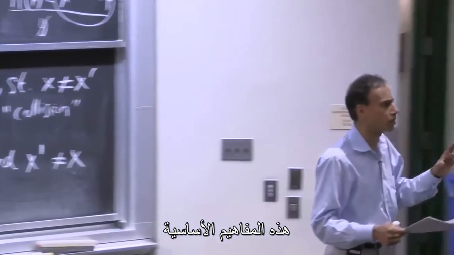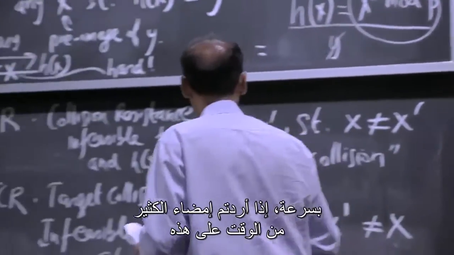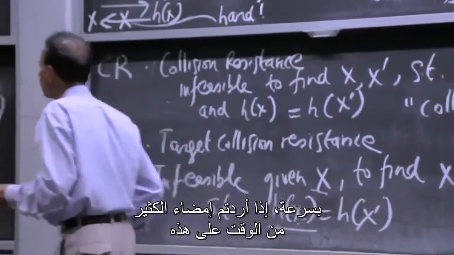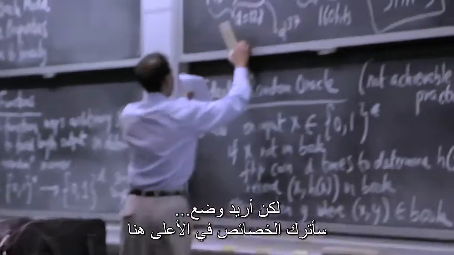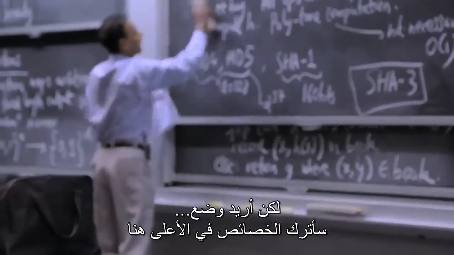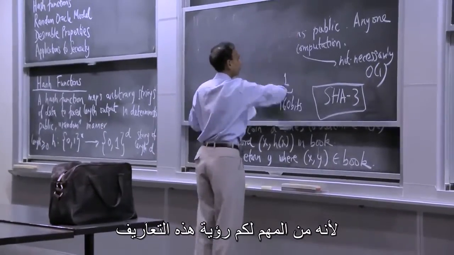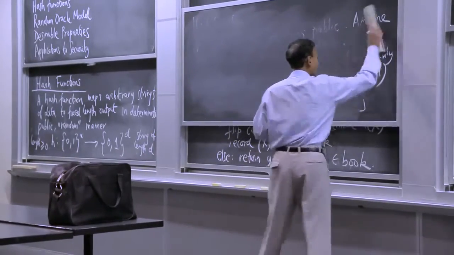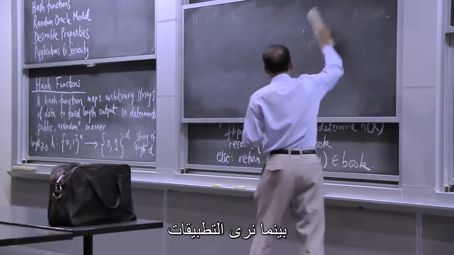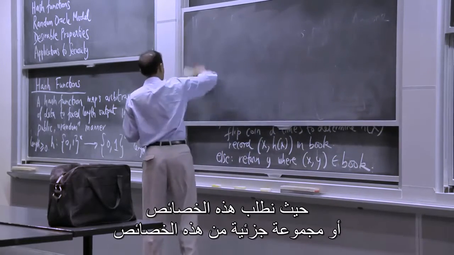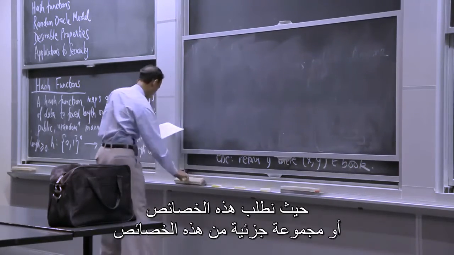So those are the main ones. Really quickly, we won't spend a lot of time on this, but I'll leave these properties up here for the duration, because it's important for you to see these definitions as we look at the applications where we require these properties, or a subset of these properties.